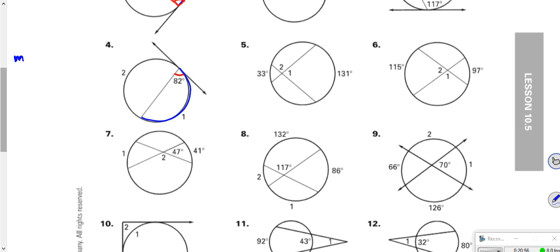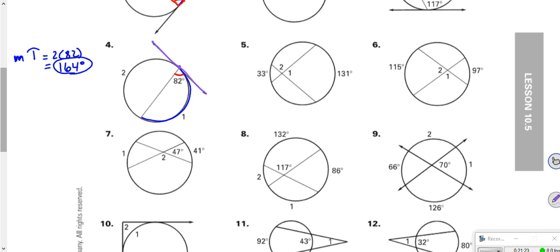Measure of arc 1 is going to be twice the 82, so 164. That line on the outside is a tangent.